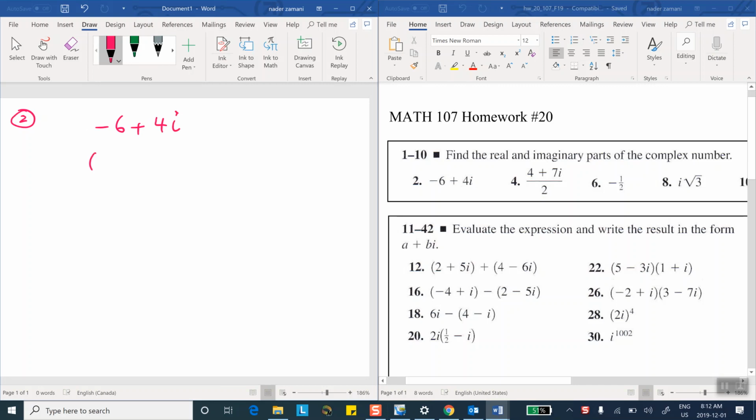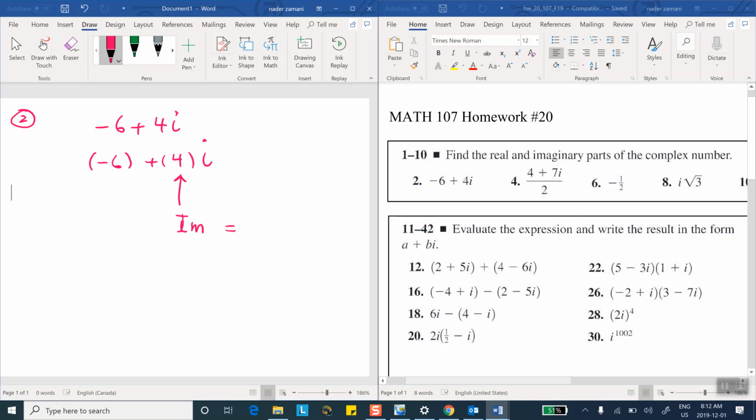Now notice that you can think about this thing as minus 6 plus 4 times I. Okay, the thing that's multiplied by I is the imaginary part. So I'll write it like this. Imaginary, I'll abbreviate it by this.